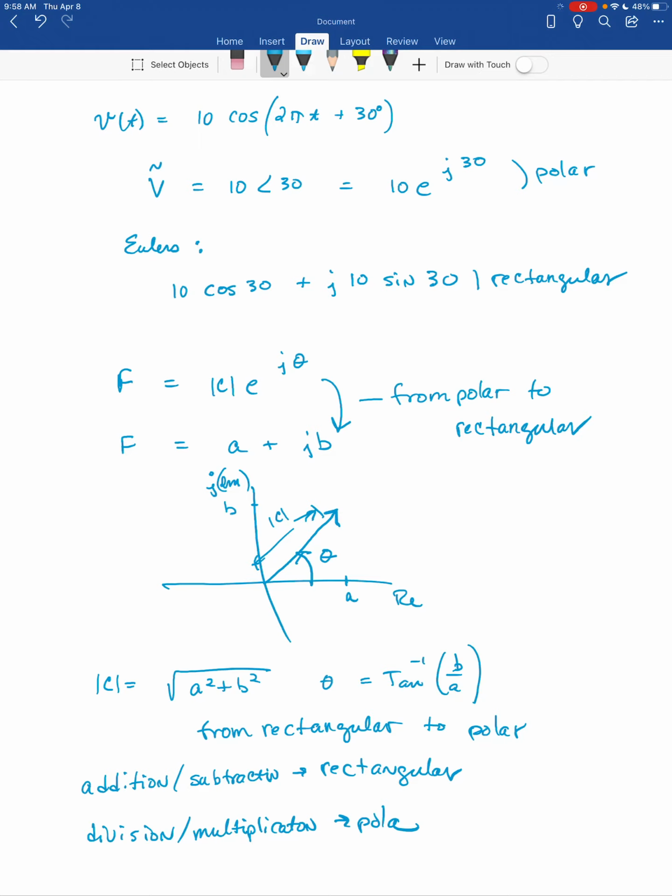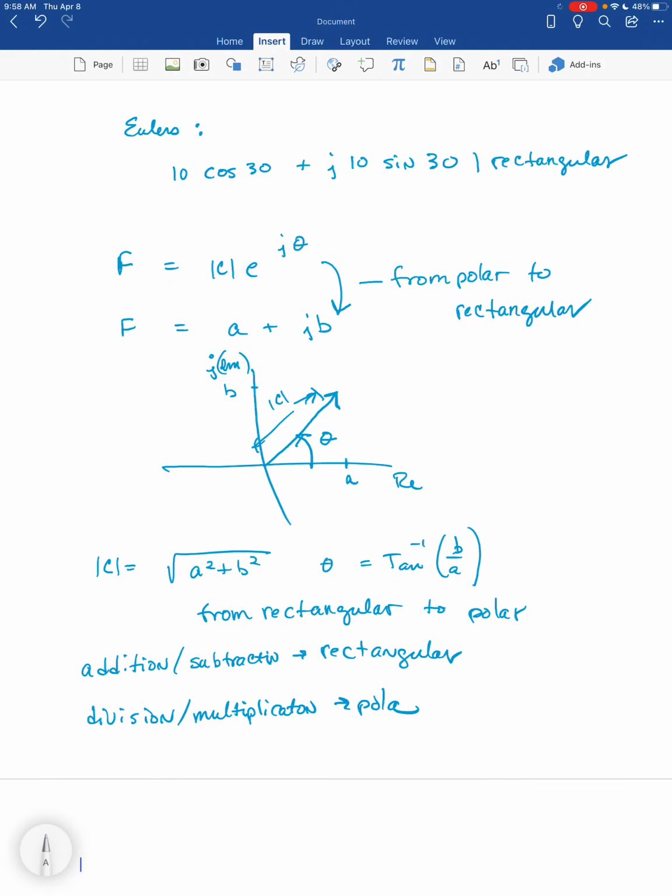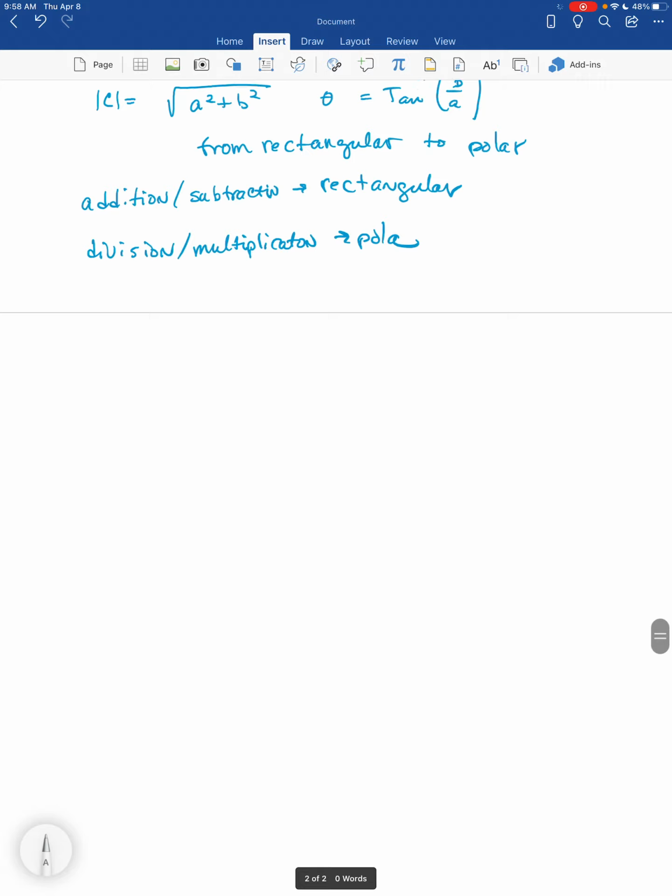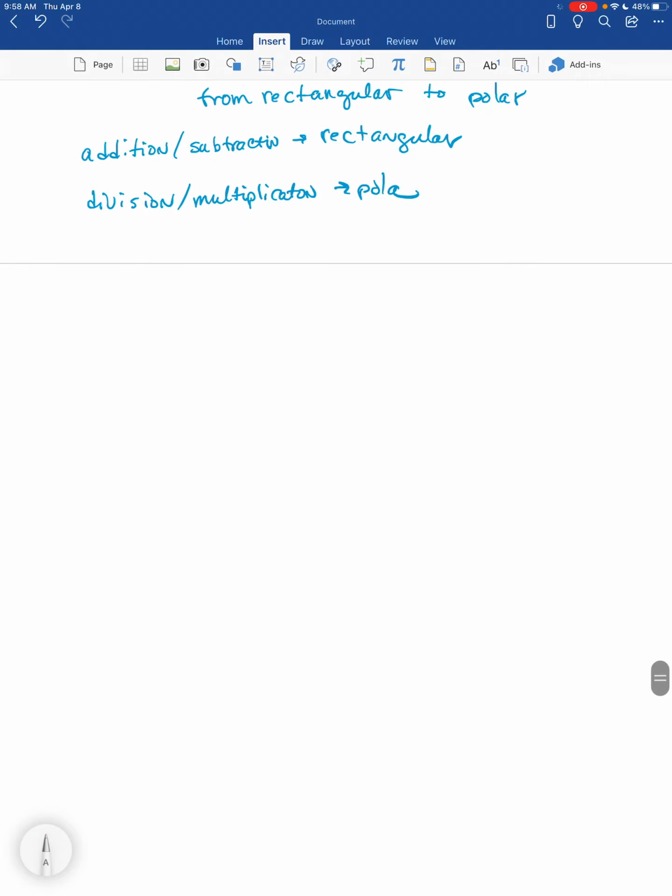So we just showed you an example of addition using rectangular coordinates. Let's go back and see if we can get a new page. And let's show you division.